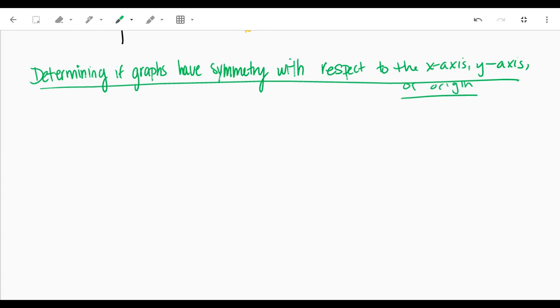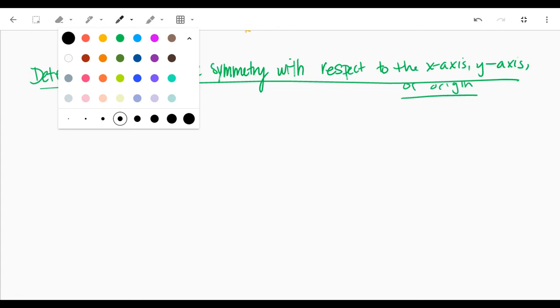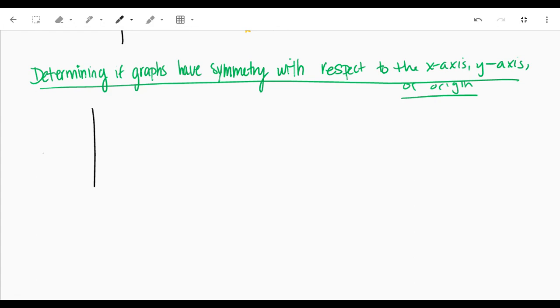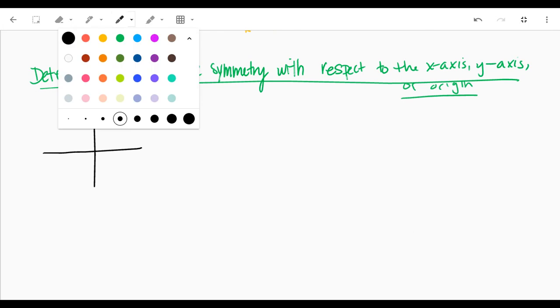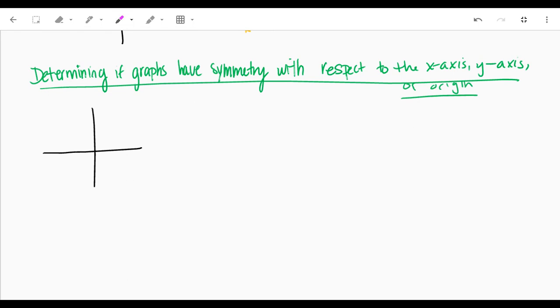Okay, so just a couple of things here. If it has symmetry with respect to the x-axis, then your x-axis would be a line of symmetry. Okay, makes sense, right? So your x-axis, this is a graph, roughly, that would have symmetry with respect to the x-axis.